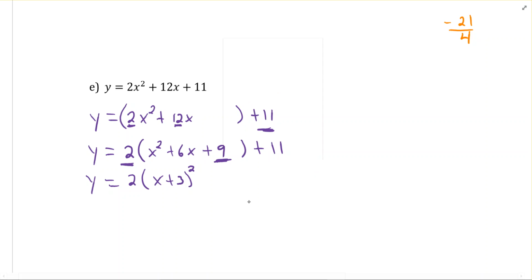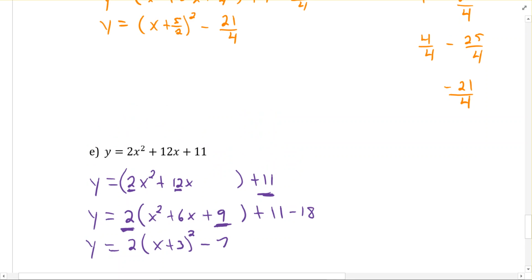It was an 18. Because 2 times that 9 that's in there, really, we introduced 18 to this equation now. So we aren't going to subtract 9. We need to subtract 18. So it's going to be 11 minus 18, so negative 7.